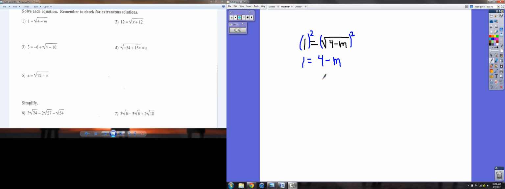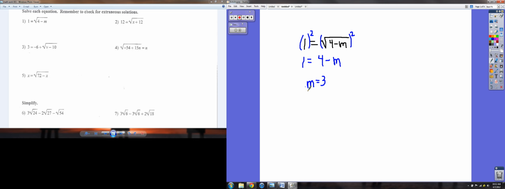At this point it looks like a pretty familiar linear equation. Because I see that m is negative here, I'm going to add m to the other side. So I have m is equal to, and I'm going to subtract 1. It's positive here, so I have to subtract. So 4 minus 1 is equal to 3.